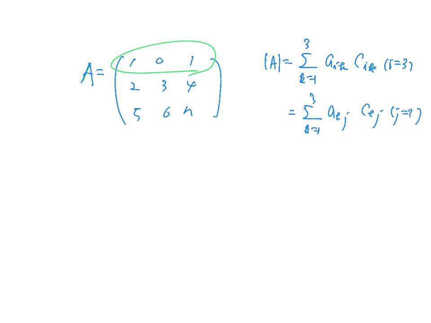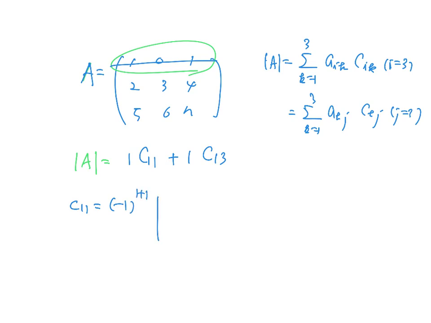So we just need to calculate the two cofactors. The determinant A is actually 1 times cofactor. So this is a11, right? So it's C11, plus 1 times C13. C11 can be formed by this, minus 1 to the 1 plus 1.